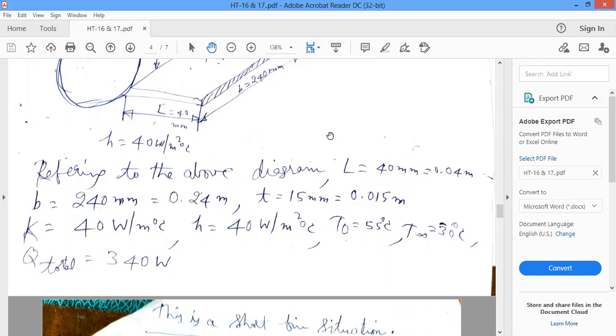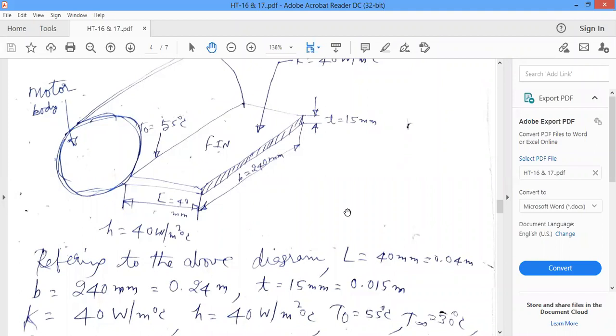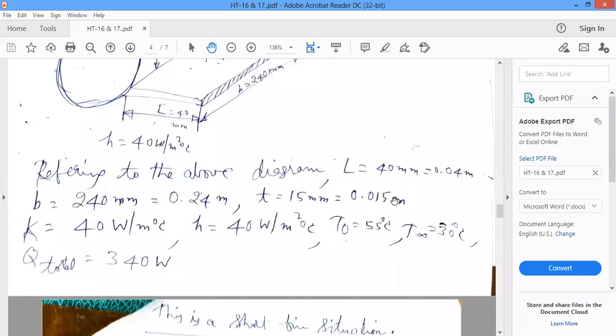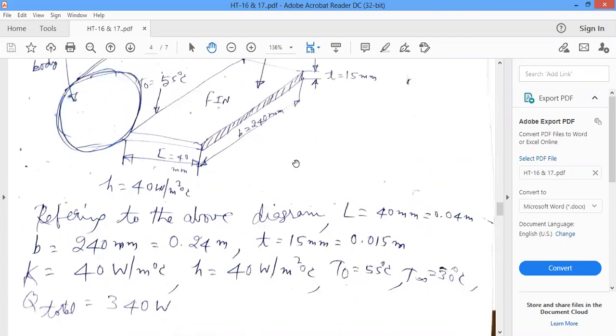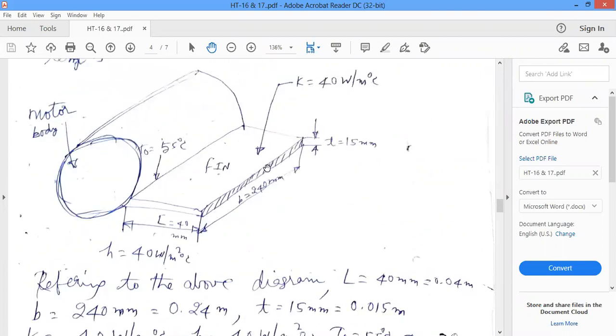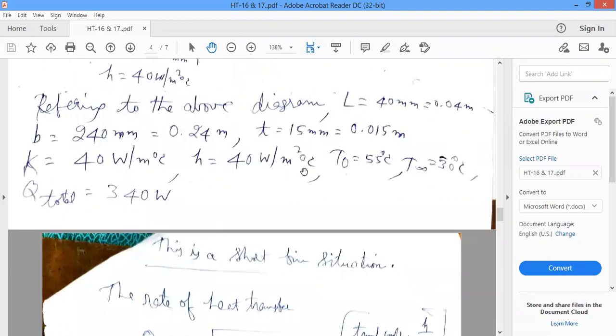Thickness of the fin 15 mm, that is 0.015 meters. And thermal conductivity of the fin material is 40 watt per meter Kelvin or 40 watt per meter degree centigrade. And the convective heat transfer coefficient H is also 40 watts per meter square degree centigrade.